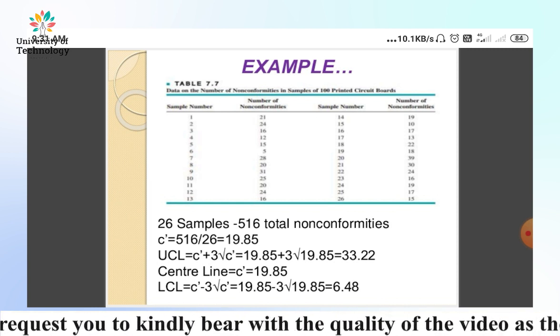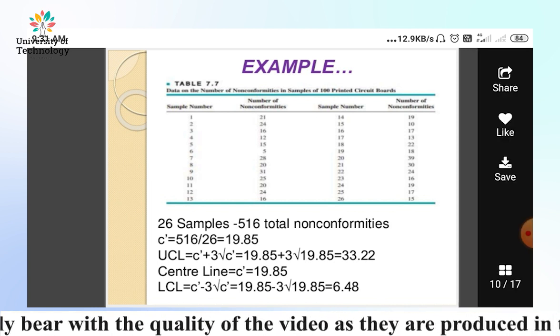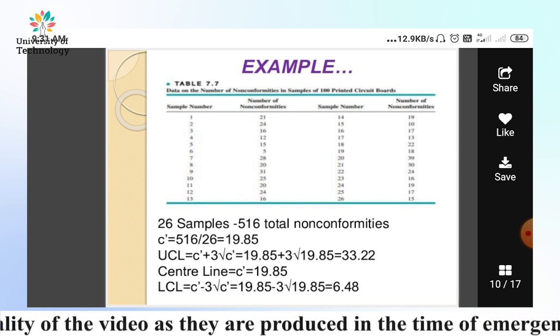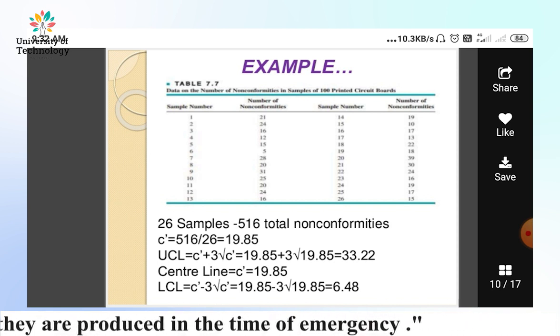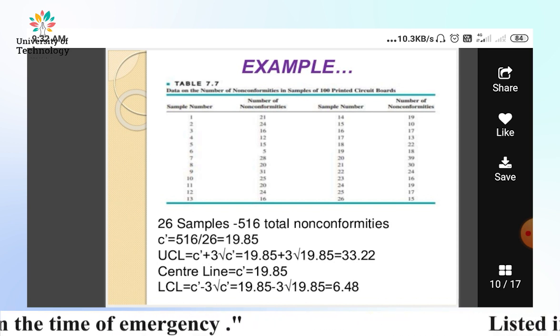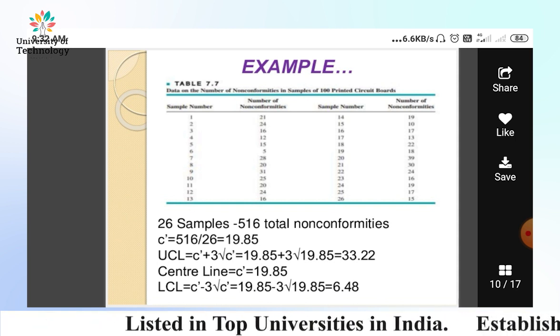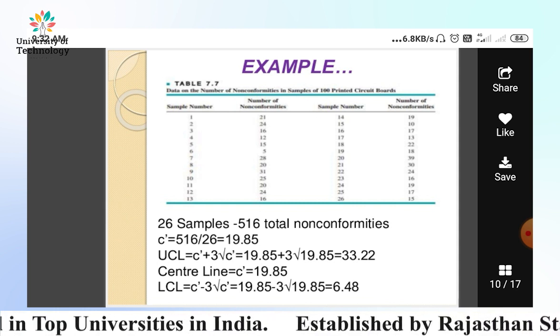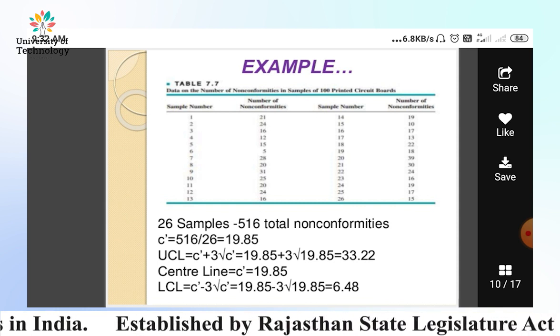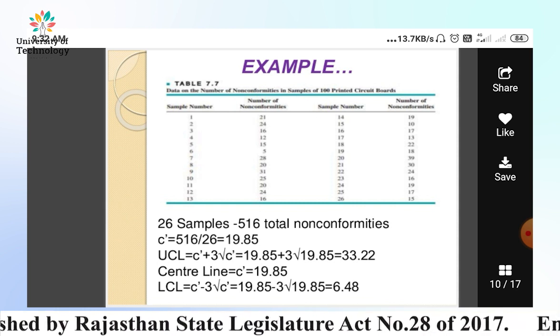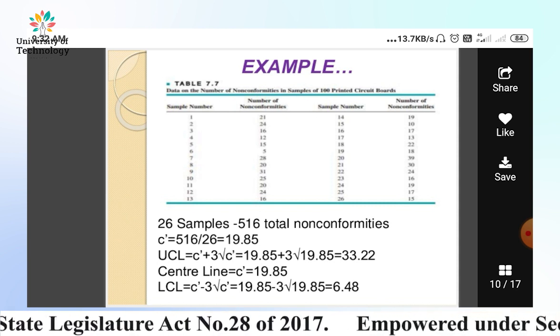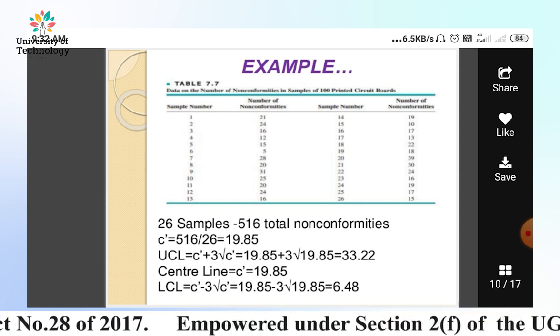For the 26 samples, there are 516 total non-conformities, and C dash is equal to 516 divided by 26, which is 19.85.